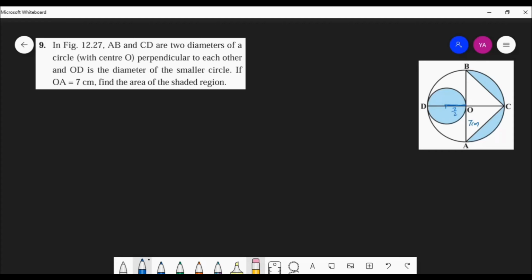So we can start with the area of the small circle. Area of small circle is equal to, we have the formula pi r square. Now substitute the value of r, we will get pi into 7 by 2 all square. In the next step, you look here, pi into 7 by 2 into 7 by 2. 7 into 7 comes in the numerator.